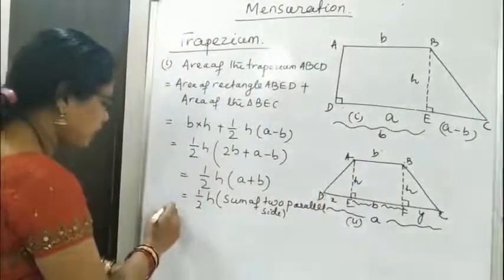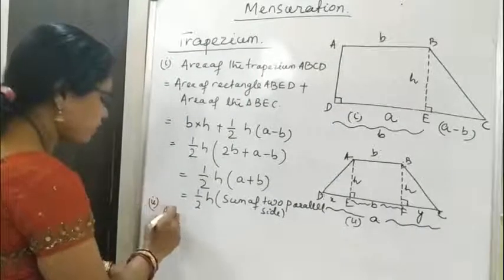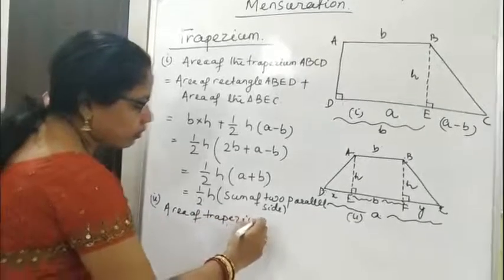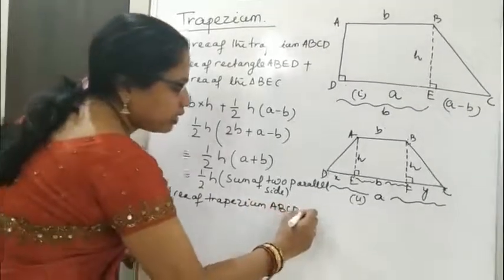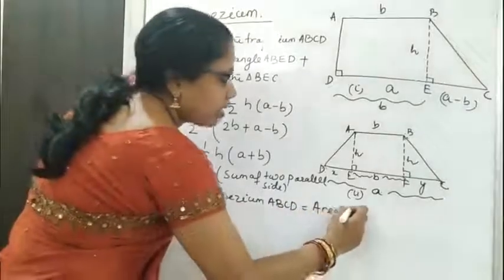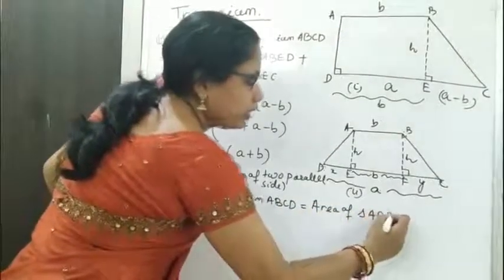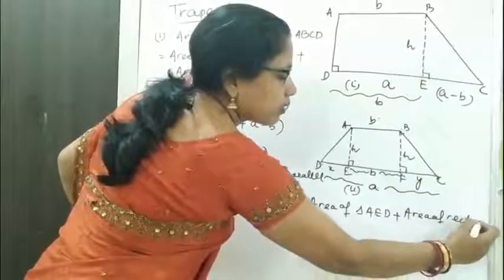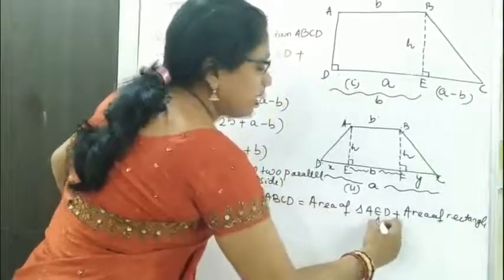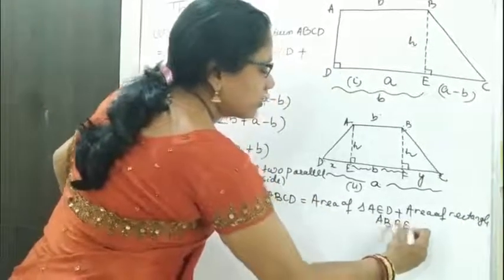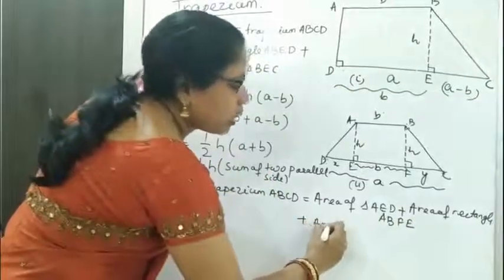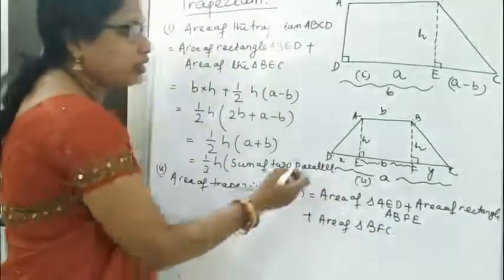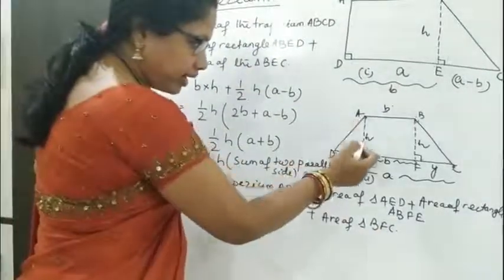So for the second case, the area of trapezium ABCD is equal to the area of triangle AED plus the area of rectangle ABFE plus the area of triangle BFC.